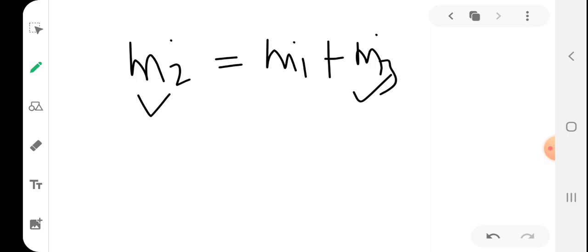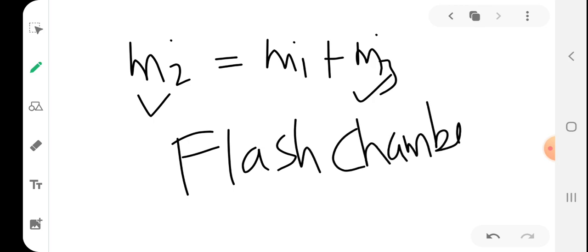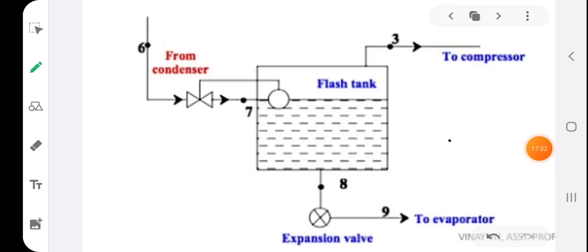So in order to get the value of M2, you will have to use the free body diagram, or the control volume over that flash chamber. So now I will try to show you the flash chamber, that energy change over the control volume over that flash chamber. Okay. So students, this is the free body diagram of that particular flash chamber in a concentrated form.